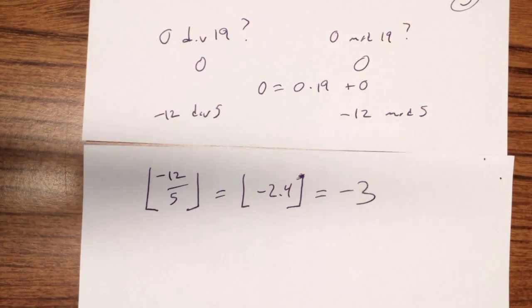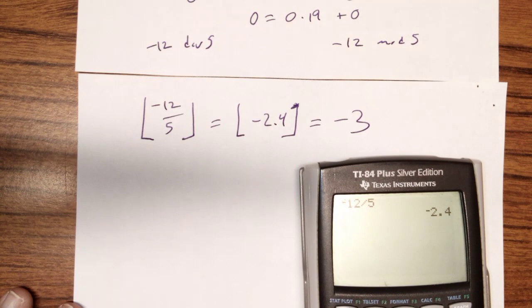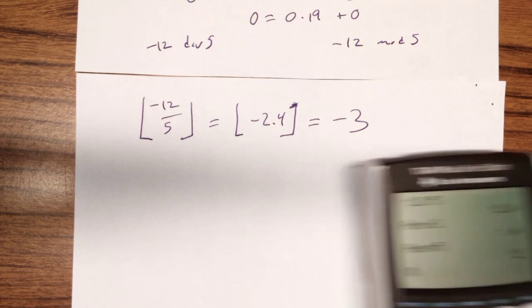So I go down to negative 3. If I just got rid of the fractional part, and then I tried to take the remainder, I'd get a negative remainder, and the remainder must be bigger than or equal to 0. That's why I have to round down here.